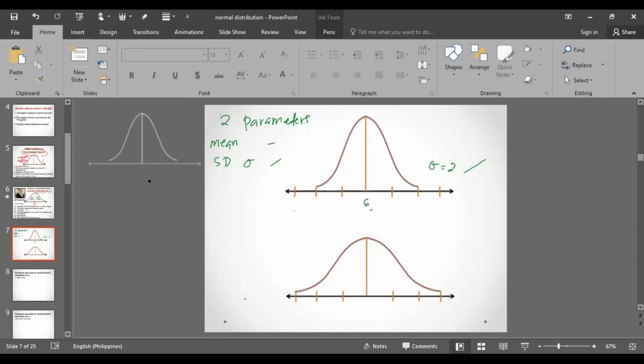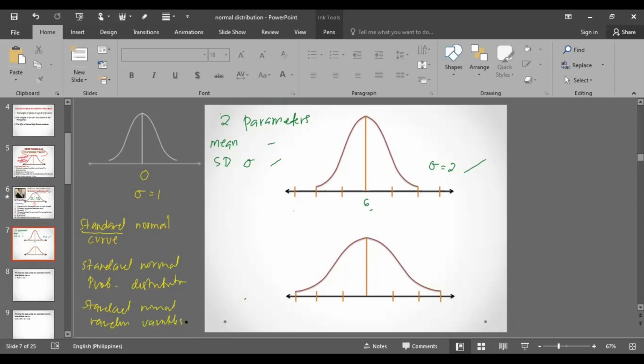But if the normal curve has a mean of 0 and a standard deviation of 1, it is called the standard normal curve or standard normal distribution. Take note of this. Its corresponding probability distribution is called the standard normal probability distribution, and the random variable itself is called the standard normal random variable.